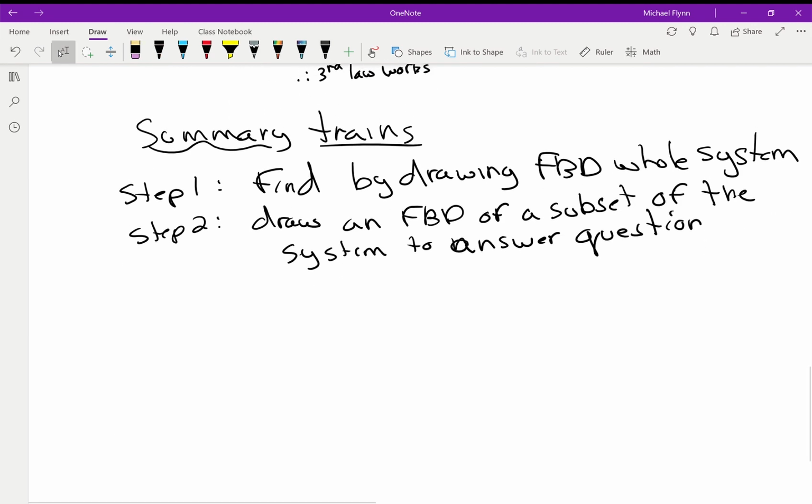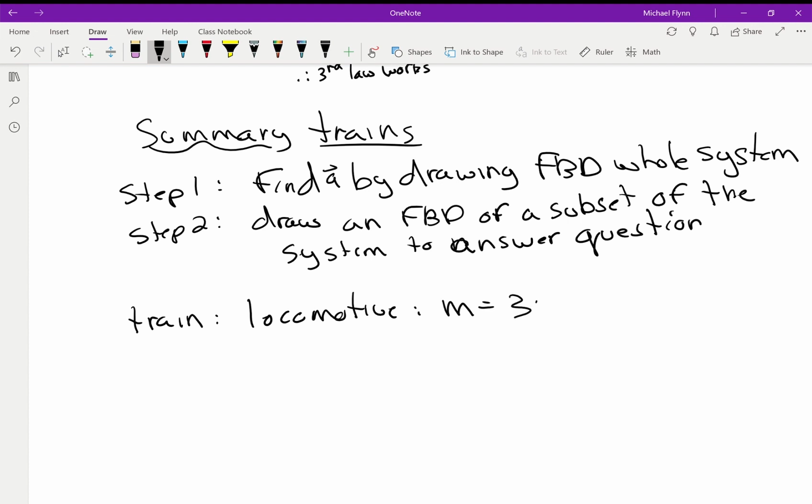So here, let me give you another example. Let's say you have a train. Oh, I should have said find a here. Let's say you have a train where the locomotive has a mass of, let's make it 30 tons, 30,000 kilograms.